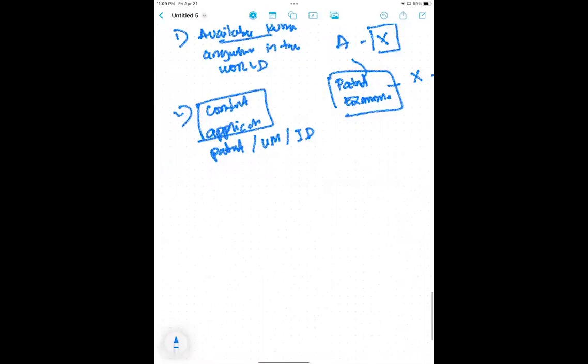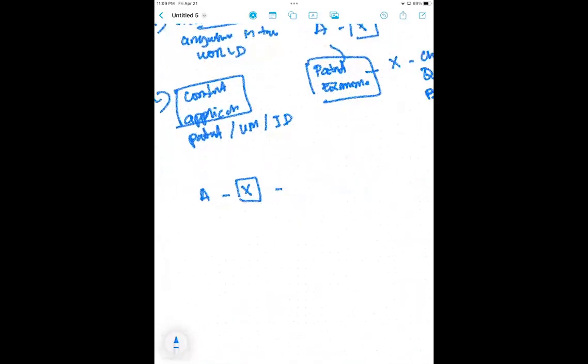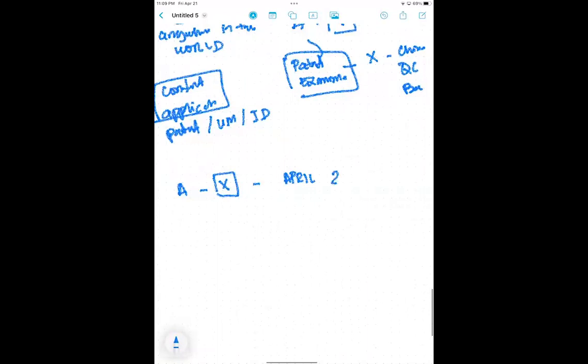Okay? So, to illustrate, let's say, for example, A was able to invent X, or so he claims. So, A filed his patent application, let's say, April 24, 2023. Okay?